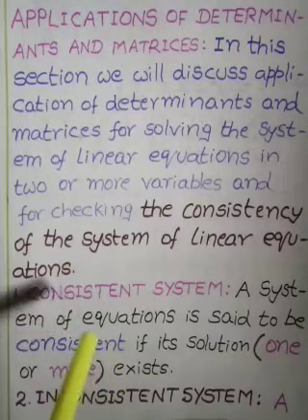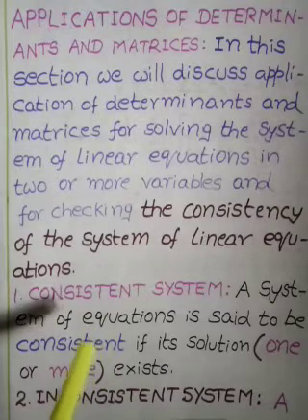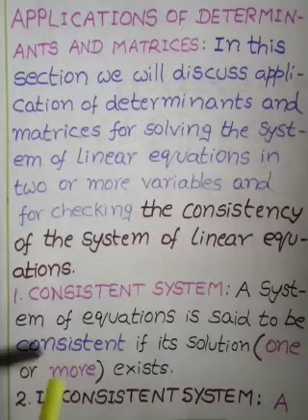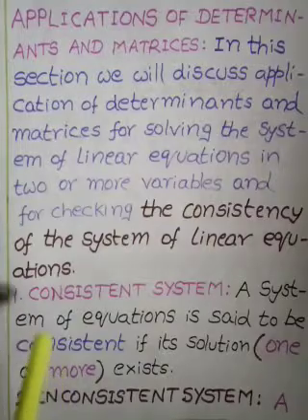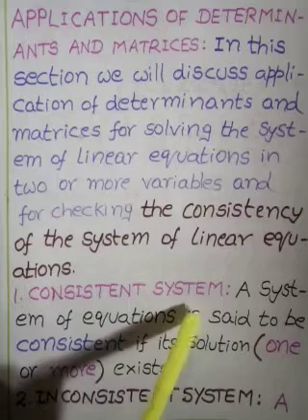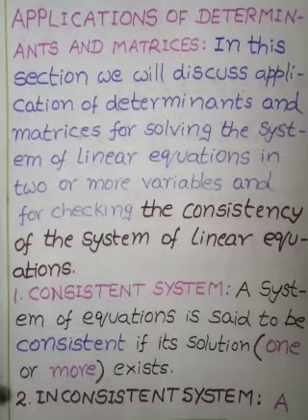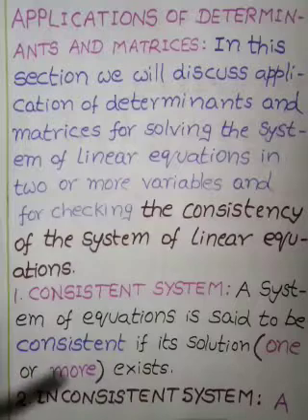If we are able to find the solutions to the system of linear equations, if the system of linear equations has a solution, then the system of linear equations is said to be a consistent system. Understood this definition, my dear children? Right. Now come to the second point.